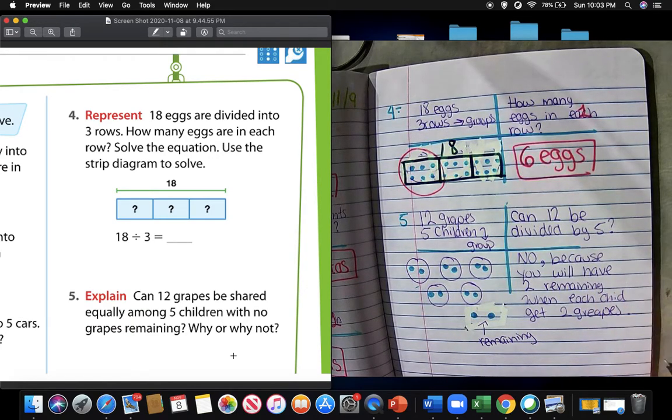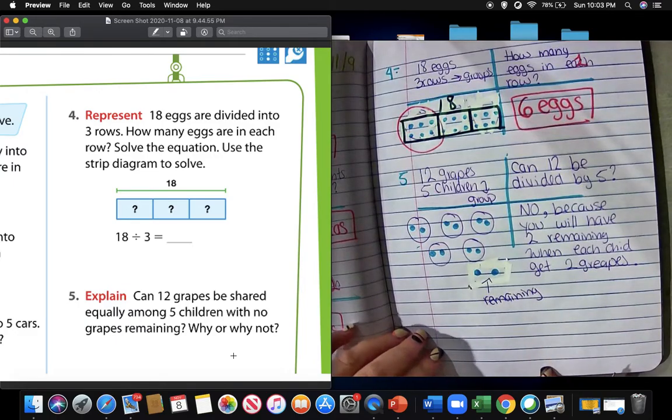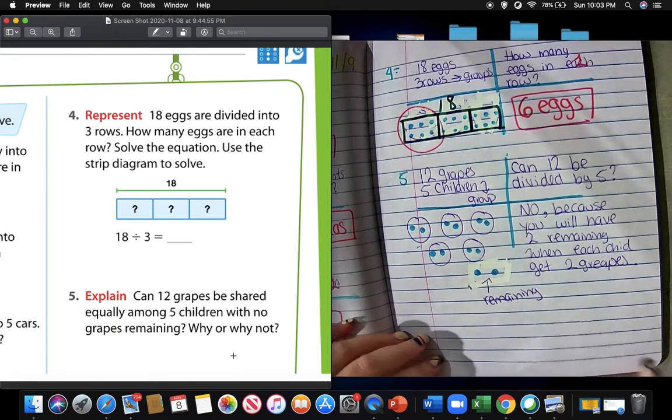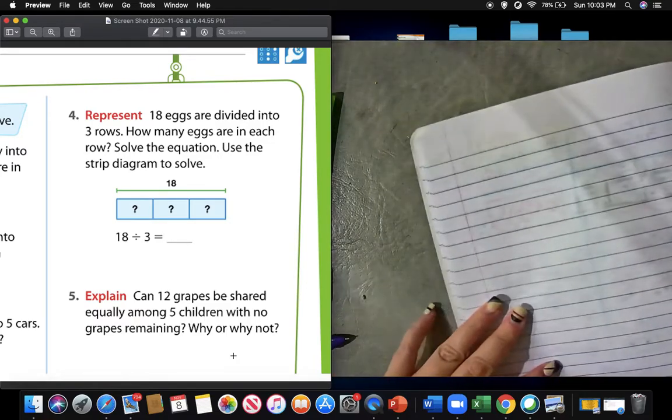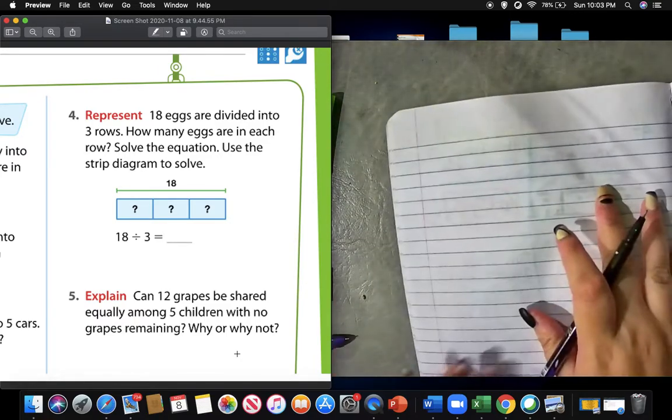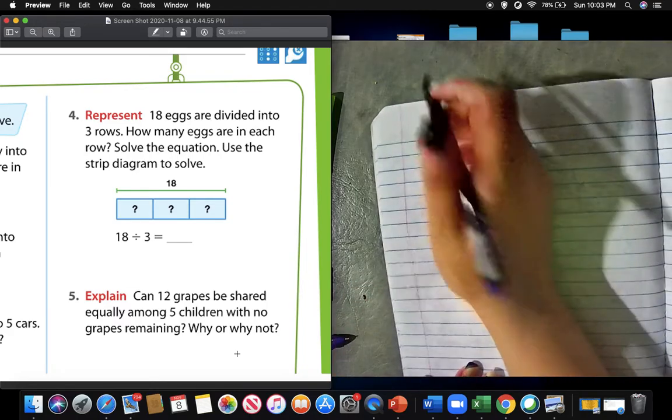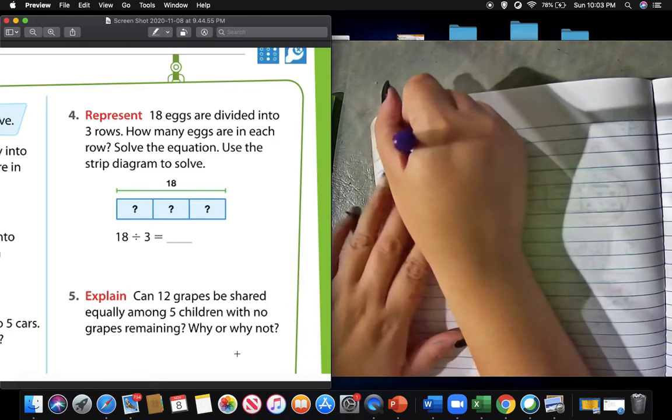Okay, so if you're done up to here, we don't really have much space. It's space next, so let's go to the next page. And then over here, you're going to do the independent practice, okay? So for independent practice, you're going to do all of the questions.